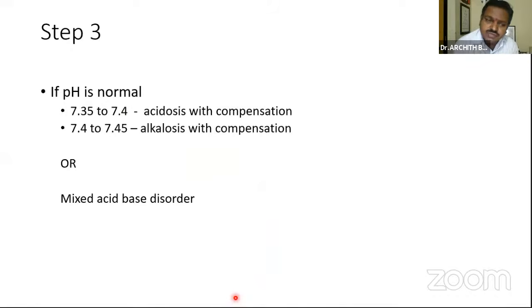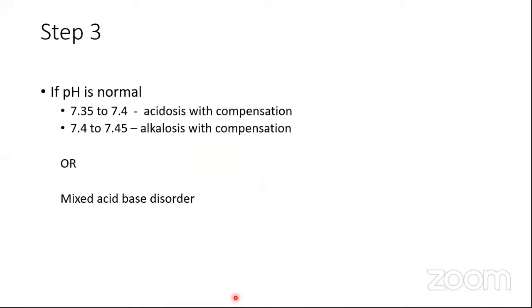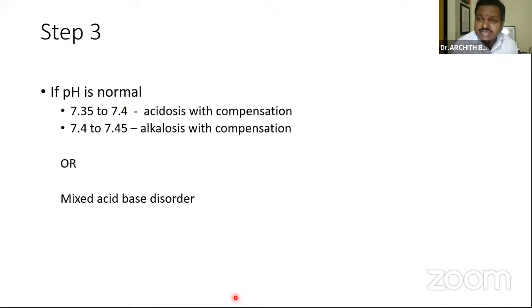And if the pH is between 7.4 and 7.45, that means alkalosis has been compensated, or there is a mixed acid-base disorder. That means there is a respiratory acidosis and a metabolic alkalosis going together, or a metabolic acidosis with a respiratory alkalosis. So if the pH is normal but on the lower side, that is an acidosis which is compensated. If it is on the higher side, 7.4 to 7.5, always remember that the alkalosis has been compensated.